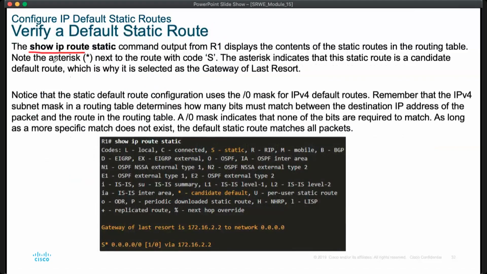Note the asterisk, or star, next to the route with the code S. The asterisk indicates that this static route is a candidate default route, which is why it is selected as the gateway of last resort.